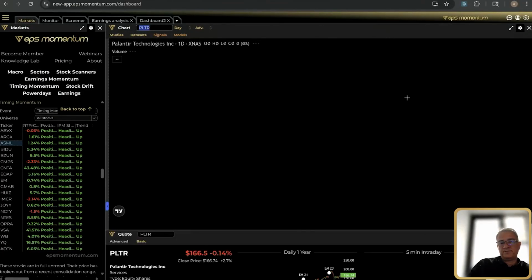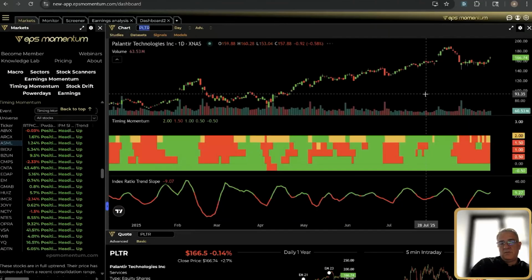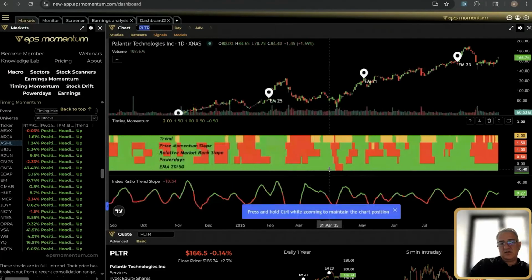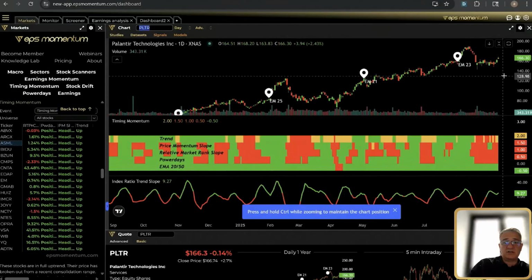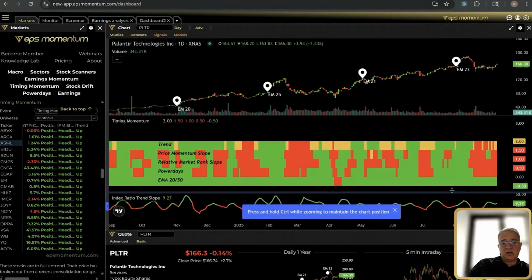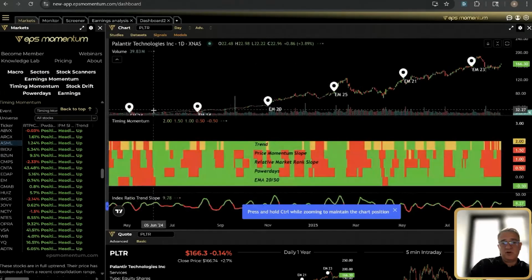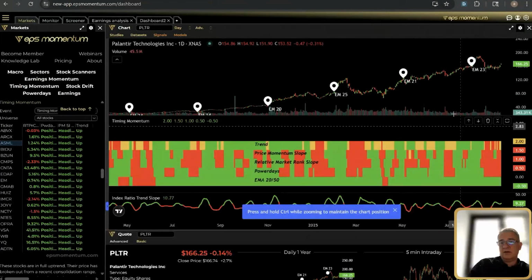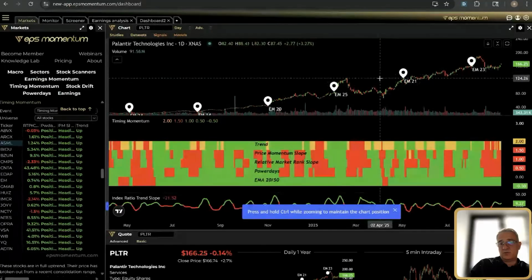This last EMA, the exponential moving average 20-50, is always very constant. It's always the least erratic of all, because sometimes you have a trend that lasts several years, like this one, green all the way. It's pointing green almost all the time, except in that little window here.